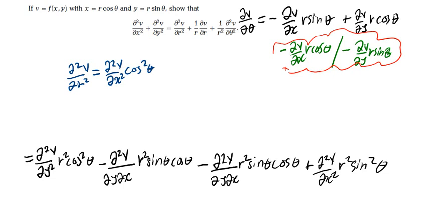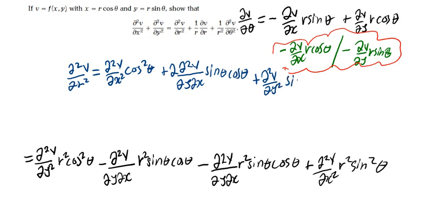Then we had plus 2 second partial of v, that was a mixed partial, partial of y, partial of x, and that was sine theta cos theta. Then we had the last term, the second partial of v with respect to y, multiplied by sine squared theta.